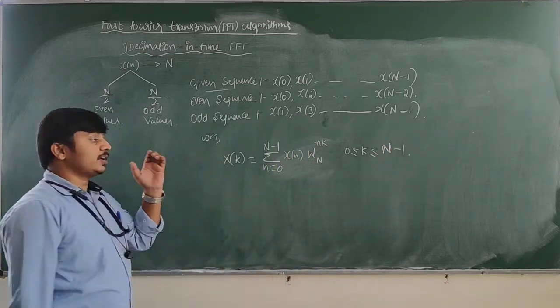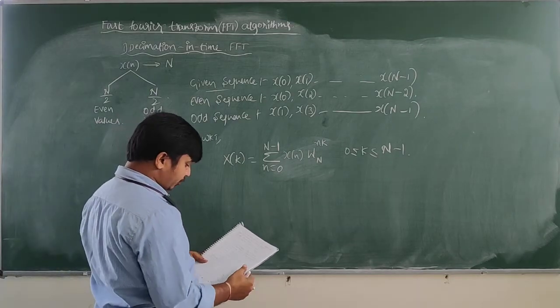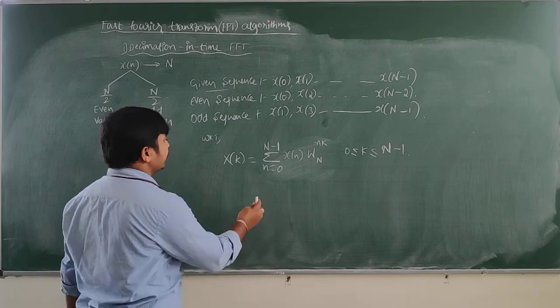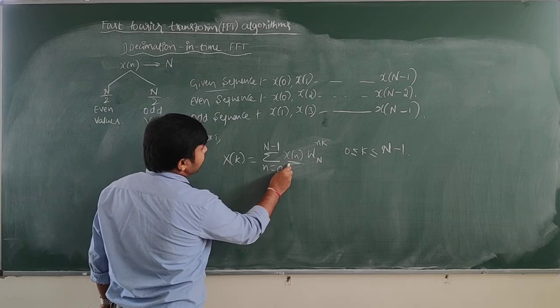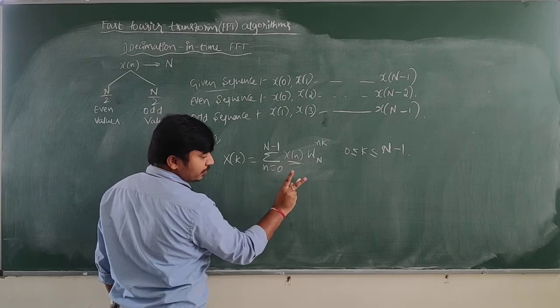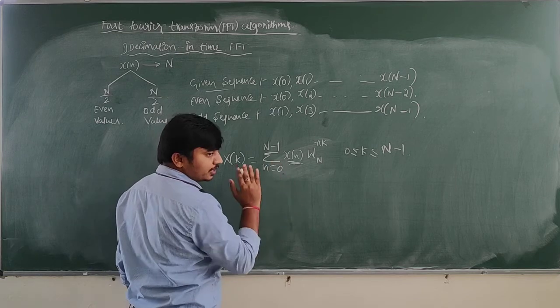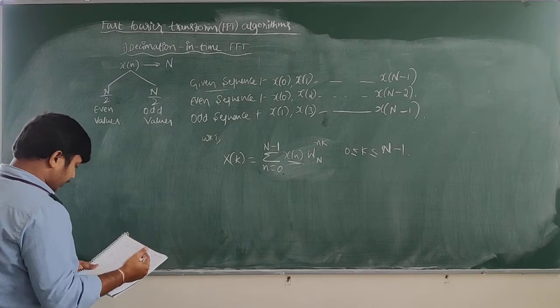This is the DFT equation. Now decompose the sum into two parts, one for even and another for odd.